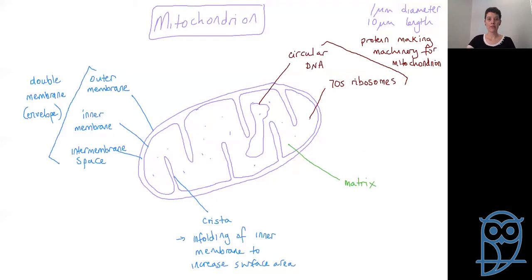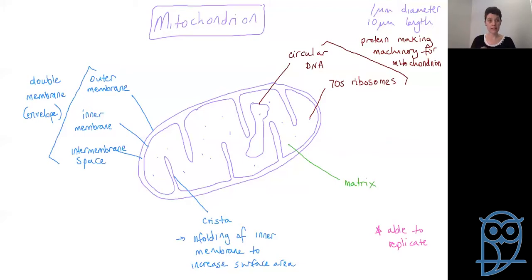Another cool thing about the mitochondria is they can replicate. They can move, they can replicate, they can grow in size. If you think about it, when a cell is dividing, they're going to need more mitochondria for the two daughter cells. So we have to be able to make more mitochondria, and these guys can replicate. So we have a 1 by 10 micrometer sausage-shaped organelle with a double membrane system in which the inner membrane is folded, increasing the surface area.